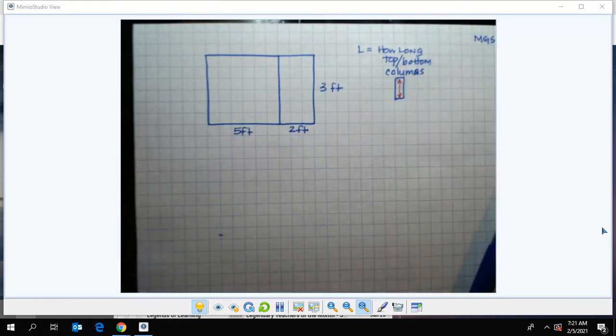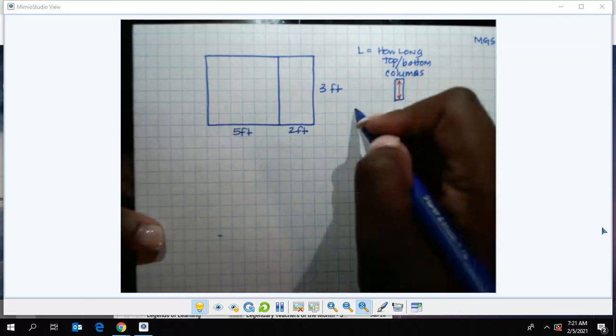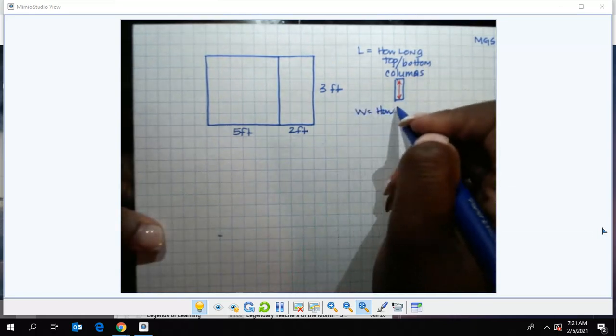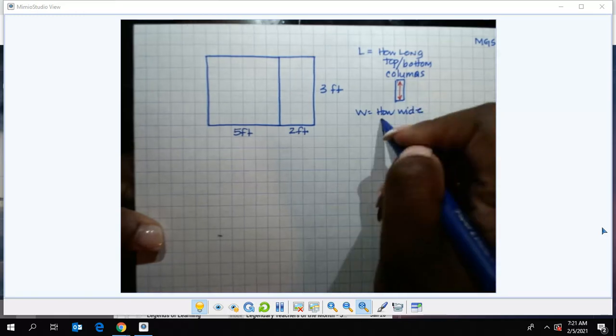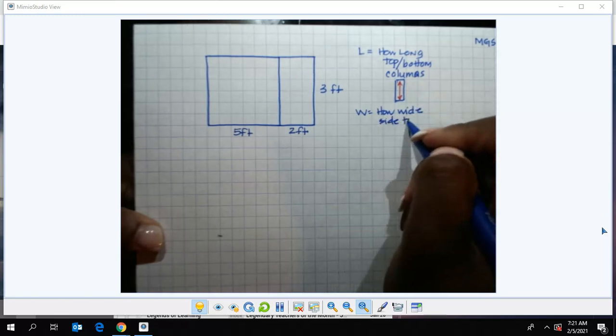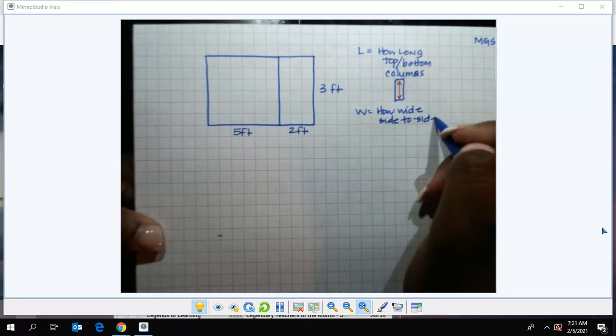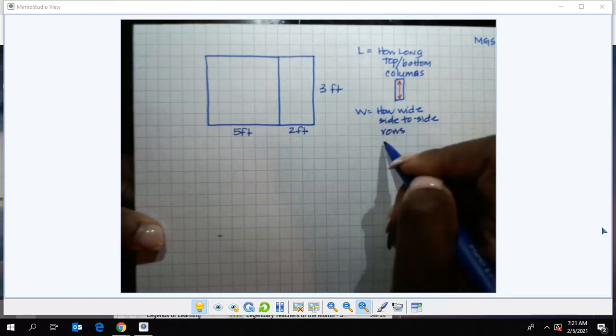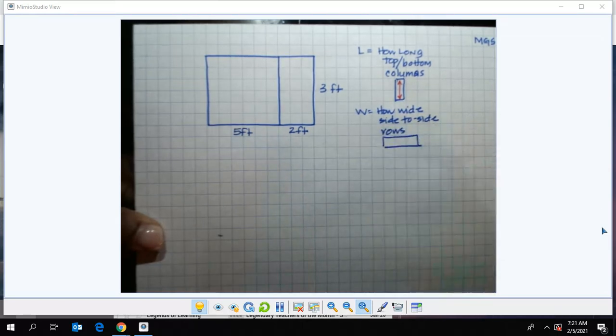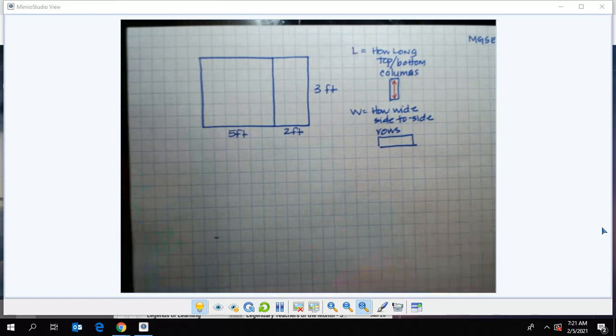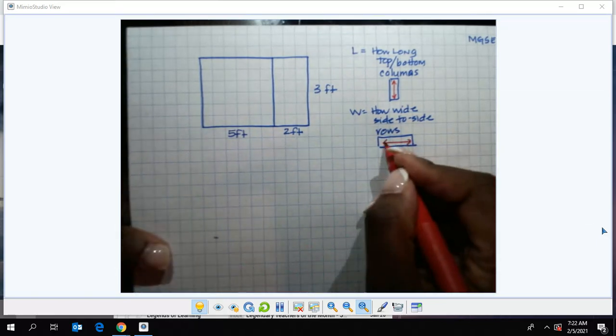And now let's look at width. Width is how wide. It's side to side. It's left to right. And it's our rows. Just want to go over that very briefly because I'm going to talk a lot about length and width with area. They go together. They're peanut butter and jelly.